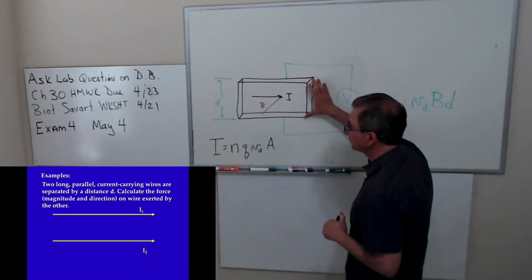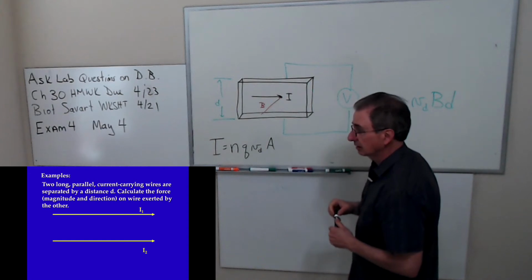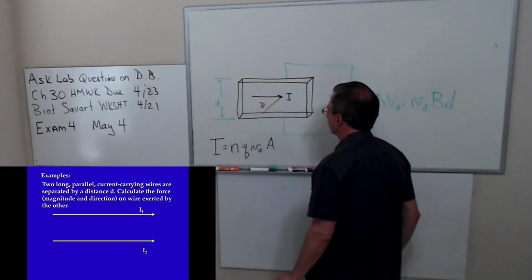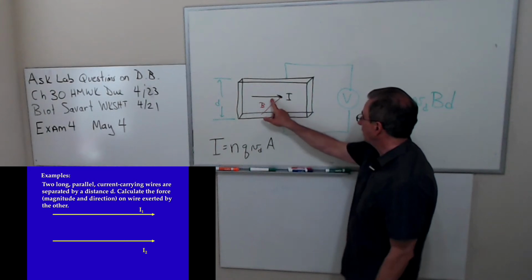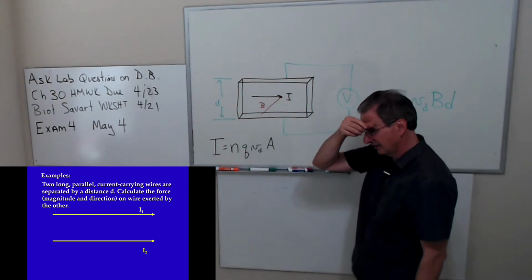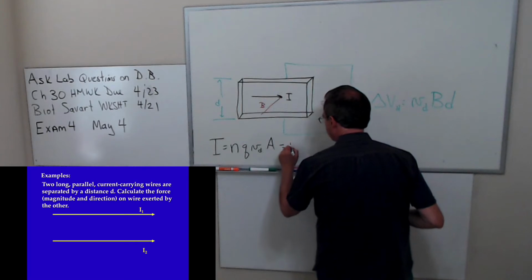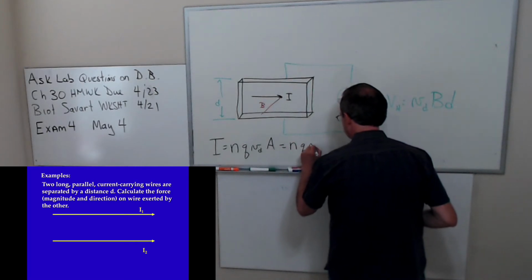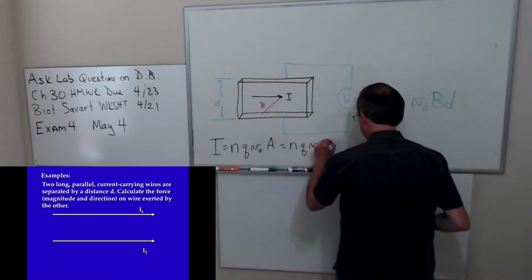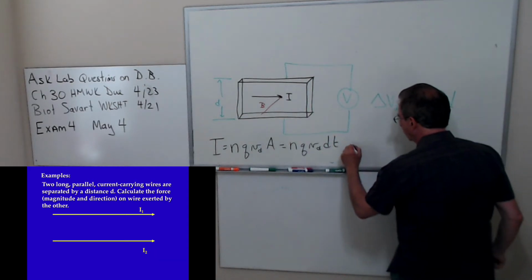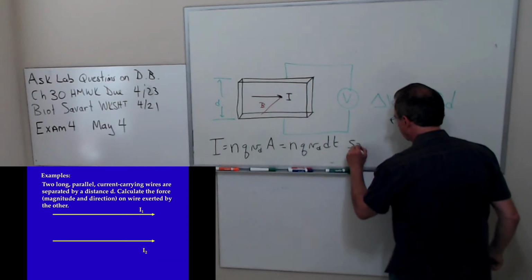Yeah, it's going to be the thickness times D. It's the area perpendicular to the current. So A is basically D times T. Let me write that down. Now, if you solve this for V sub D, that's the drift velocity.